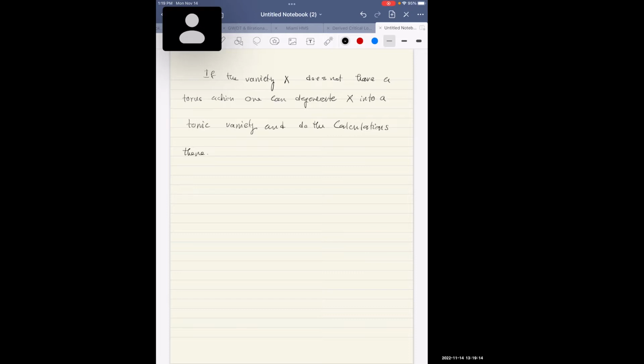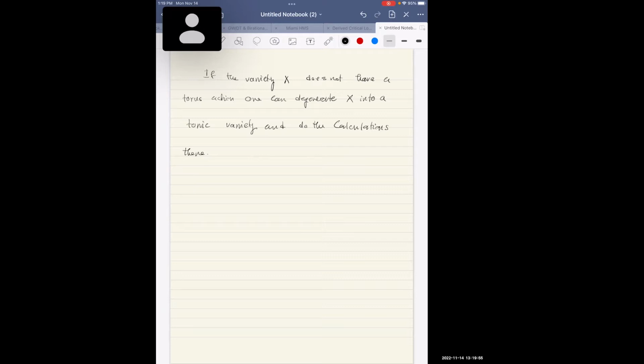So that's essentially what we want to do. We want to degenerate our variety into a toric variety, do the calculation on the toric variety, but then we want to reverse engineer this, because we want to see how these invariants change, or if they are not going to change, why they do not change throughout this degeneration. So the goal is to recover the original variety's invariants from the invariants of the degeneration of this variety into toric spaces. Before doing that, I need to tell you a little bit about degeneration itself.